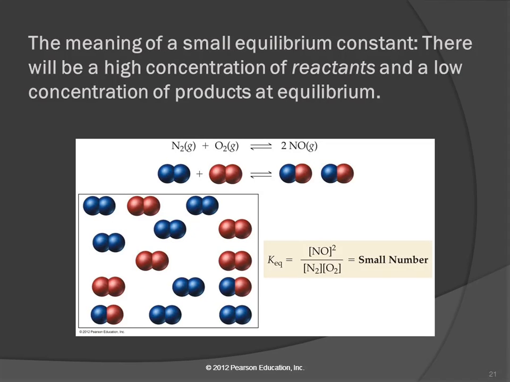If KEQ is a small number, here's the expression, then the numerator must be smaller than the denominator for this to be a small number. And so here we have an illustration, and we see that we've got a lot more reactant molecules and very few product molecules. So that's what KEQ tells us.